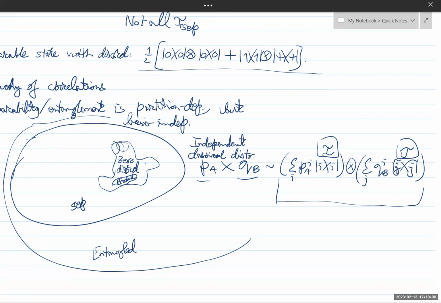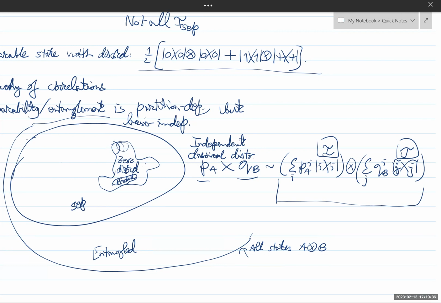So if this bounding curve is for all states acting on some bipartition A and B, anything that's outside of the set of separable states is entangled. But already there are interesting things going on within the set of separable states. And now within entangled states, again, there's a hierarchy of different types of correlations.